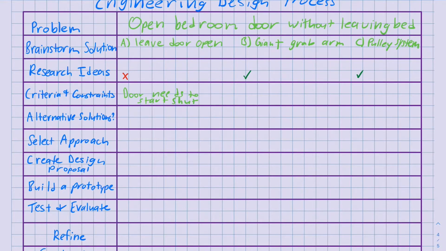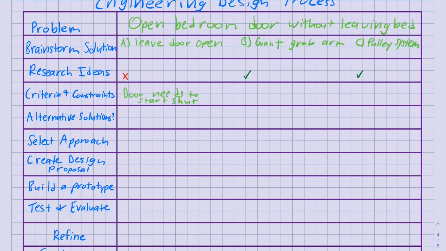For the second one, let's think about it. Do we have any constraints stopping us from using that? Well, for this project, my personal goal is not to spend any money. So I definitely could build a giant grab arm with just using my creativity and the stuff around my house. So that meets the criteria, meets the constraints. So I'm not seeing anything wrong with that.